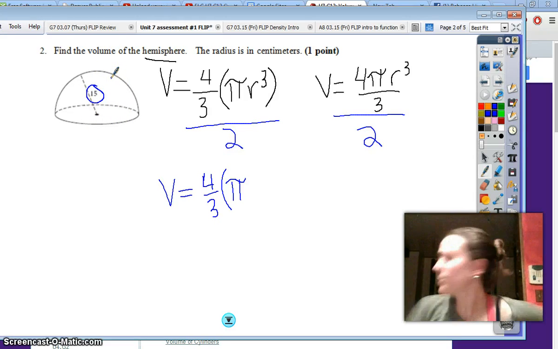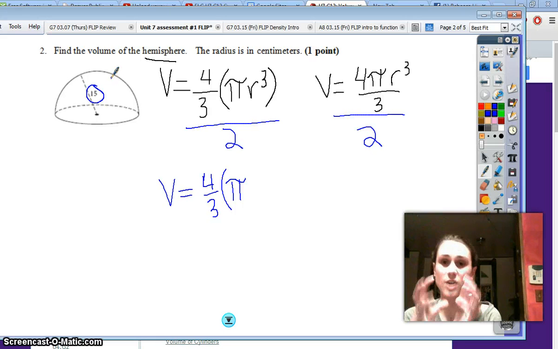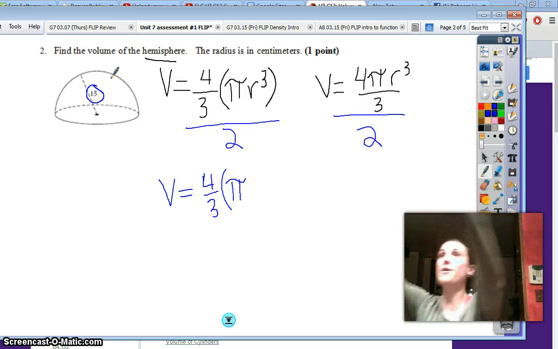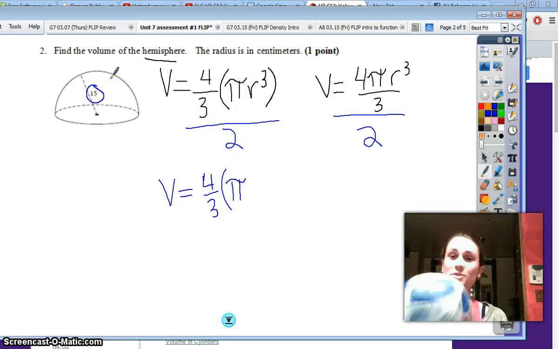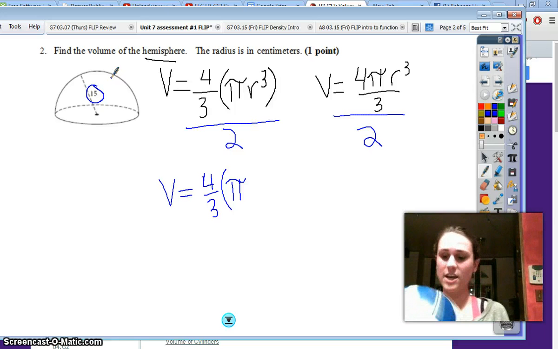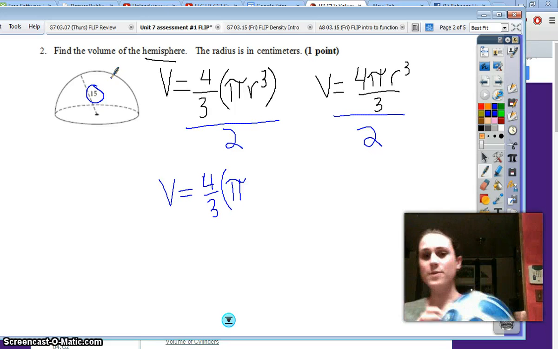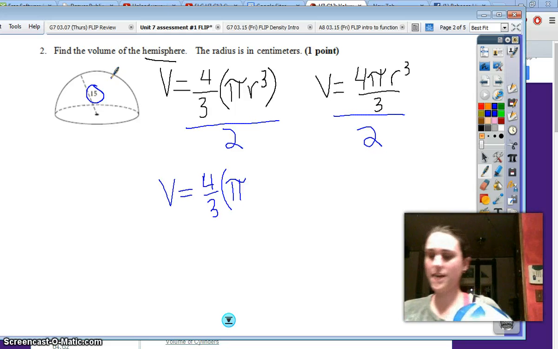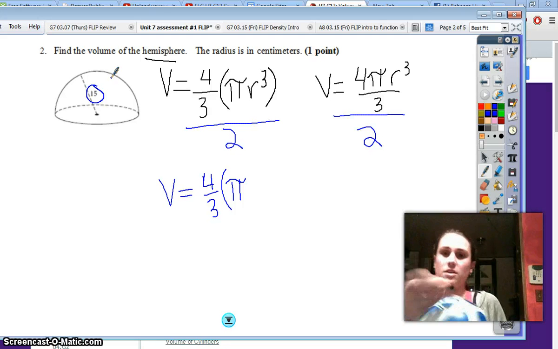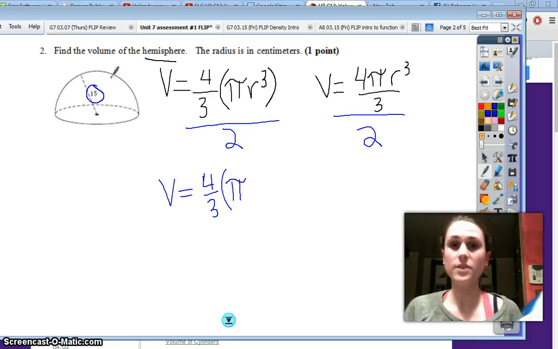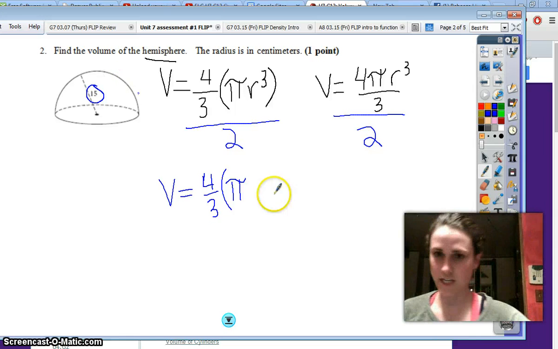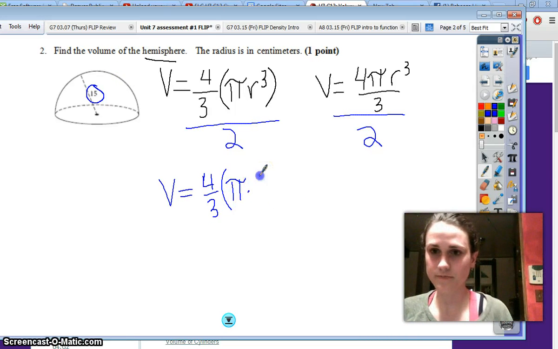If you have a soccer ball, the radius is literally from the inside of the soccer ball, that very center point, extending to the outside of the ball, and the radius would be the same in all directions. So our radius is 15, so I'm going to plug that in here.